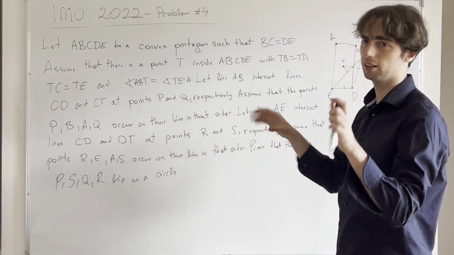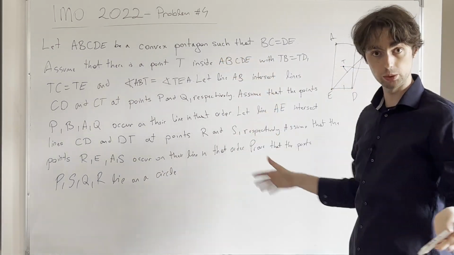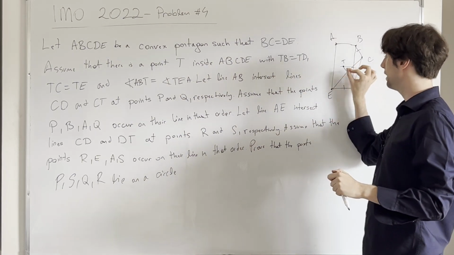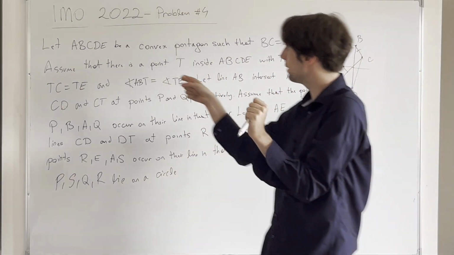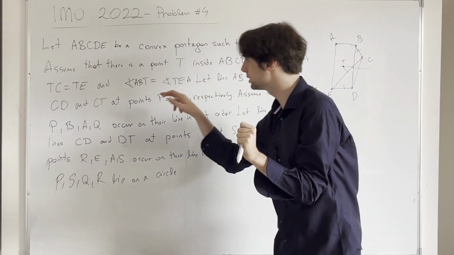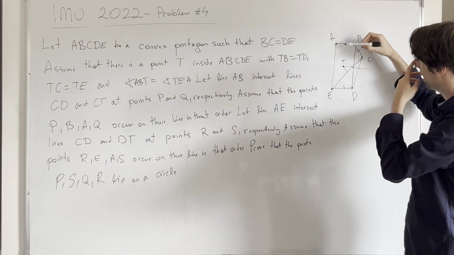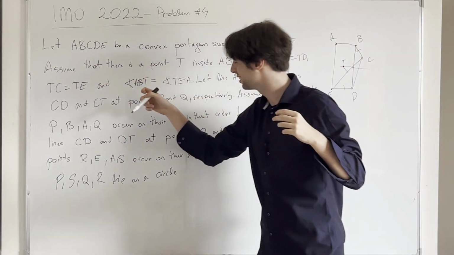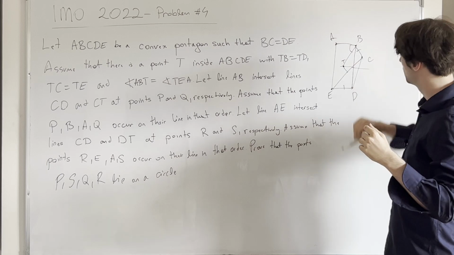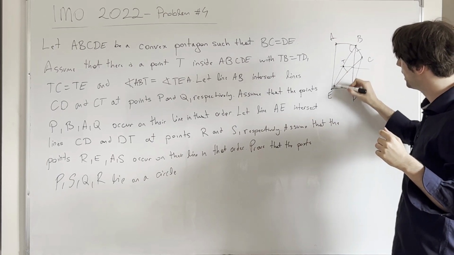So T is defined by these two conditions, and then we have an extra condition with T: the angle conditions ABT and TAE.